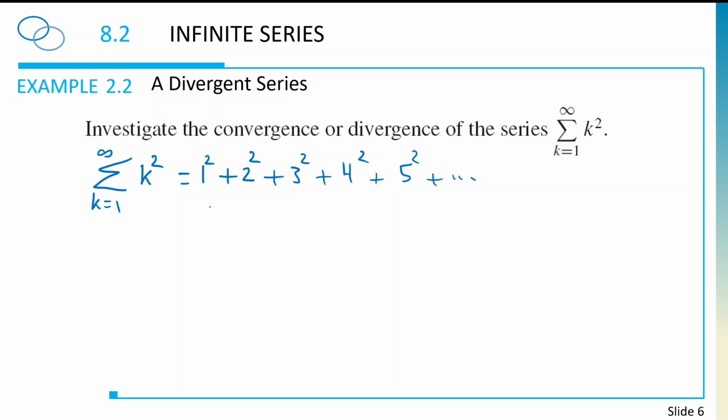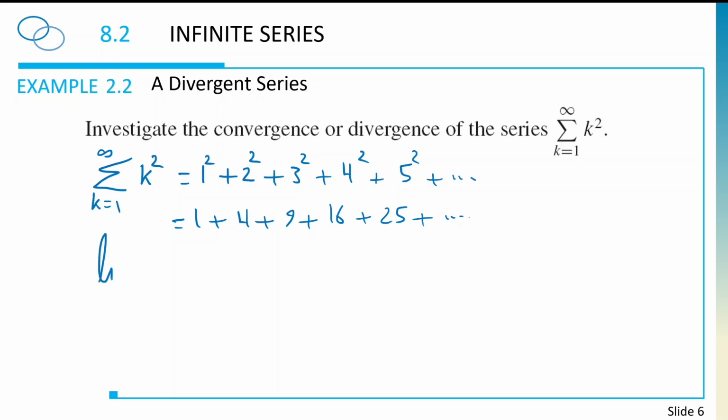If you think of this, this is a series of the summation of square numbers. So you're adding up 1 plus 4 plus 9 plus 16 plus 25, all perfect square numbers. I'm adding them up. So if you think about this summation, where is it going?